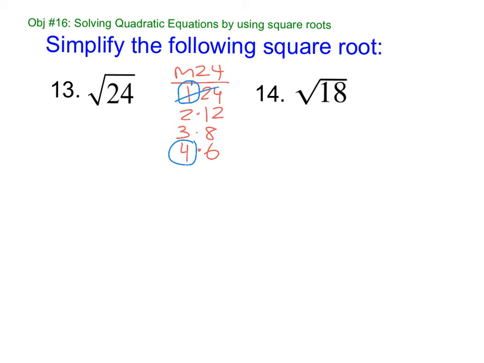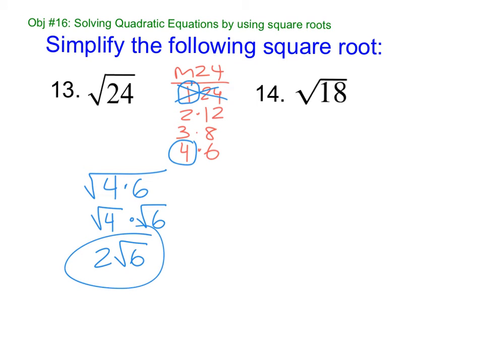Basically, if it's 1, it can't be simplified. So we're going to use 4. So we're going to rewrite 24 as 4 times 6. So that's root 4 times root 6. What's the square root of 4? 2. Do we know the square root of 6? No, so we just rewrite it. Done. That is simplifying a square root.